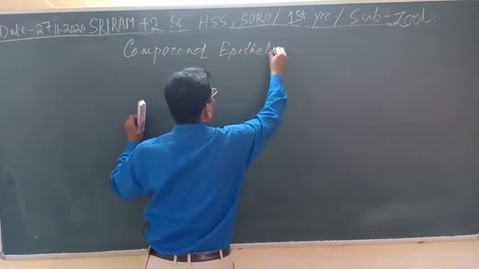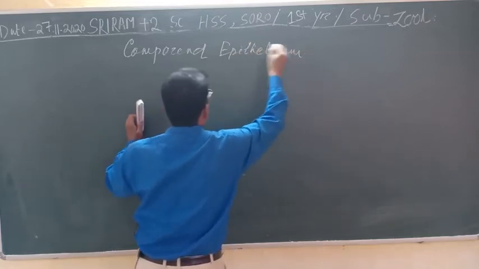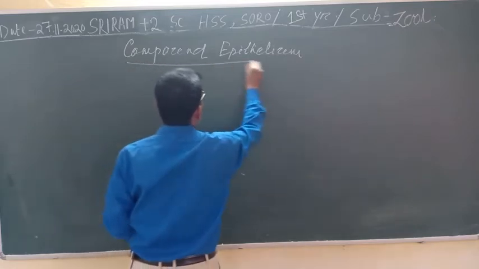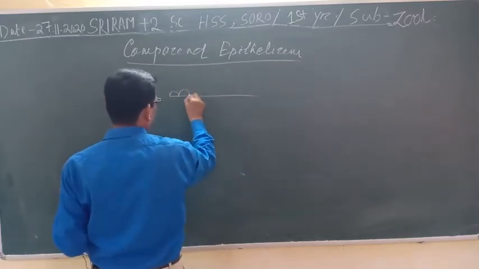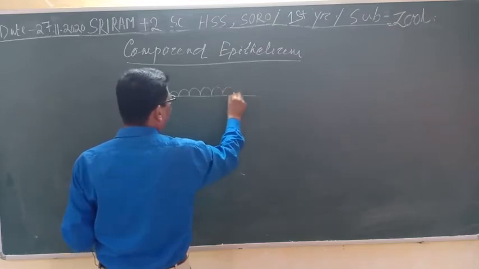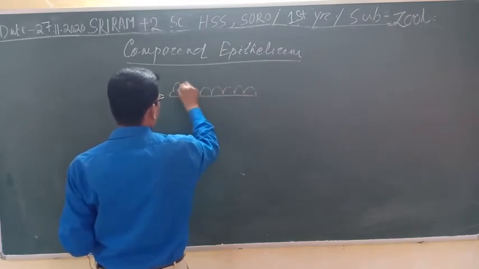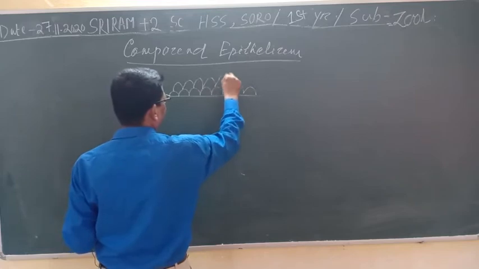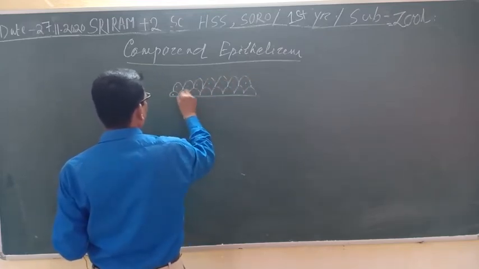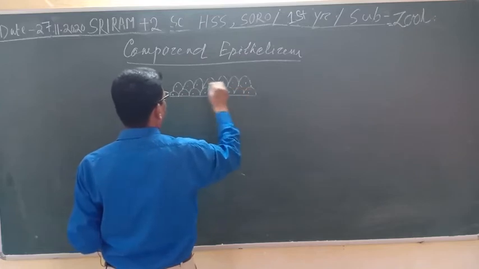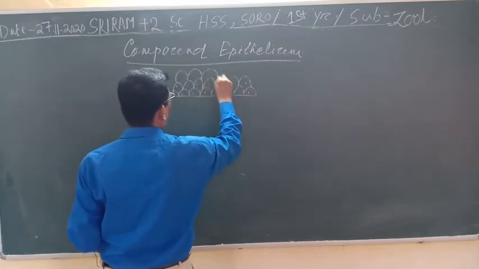The compound epithelium, I have told you, is a type of epithelium where the cells are arranged in more than one layer. This is called the compound epithelium.